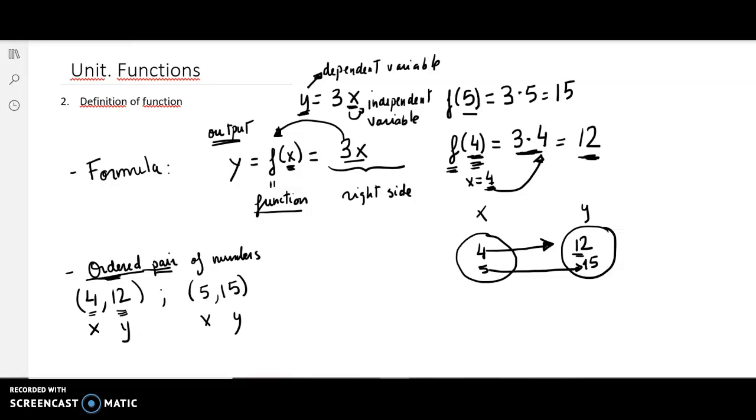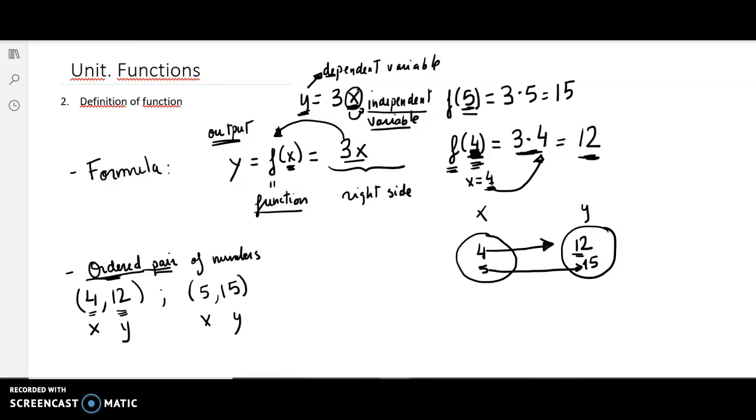And this is because in the independent variable, this is the set of numbers where I put numbers. I can put any number here in the x. As you see, the 5 and the 4 don't have any logic. I have invented the numbers. Why? Because I can put any number in the x. For that reason, it has the name of independent variable.